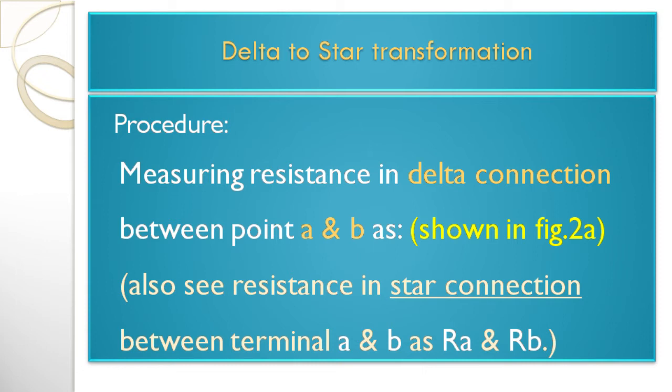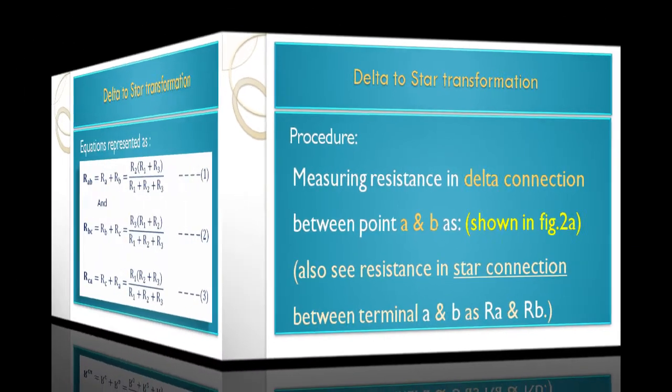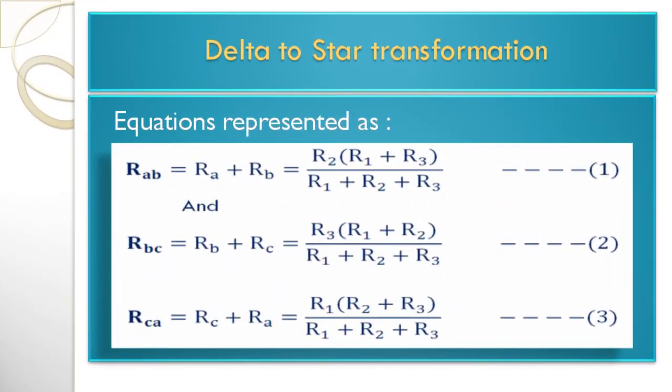Similarly, resistances between terminals B and C as RB and RC, and between terminals C and A as RC and RA.